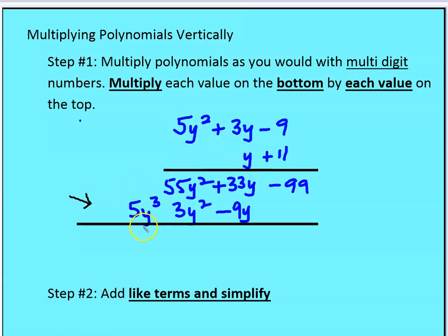And you see how we line them up in their respective places based on like terms: y squared, y cubed, and then nothing here. So I've lined up the like terms, and then I'm going to add them together vertically. So 5y cubed plus 55y squared minus 24y minus 99.